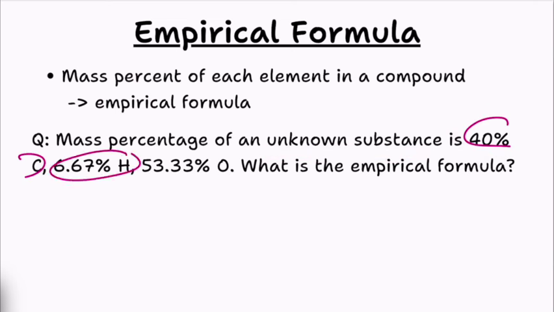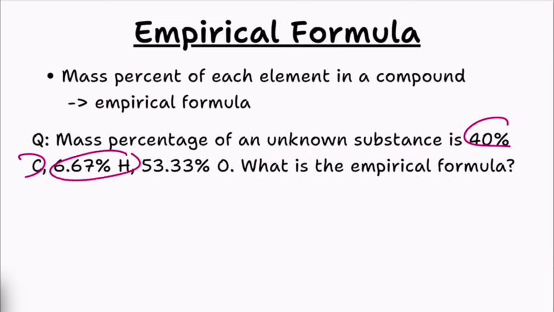Next, for the hydrogen, it will be 6.67 divided by the molar mass of hydrogen, which is 1.008. Then you get 6.62 hydrogen. And next, 53.33 divided by the molar mass of oxygen, 16, gives 3.33 oxygen.